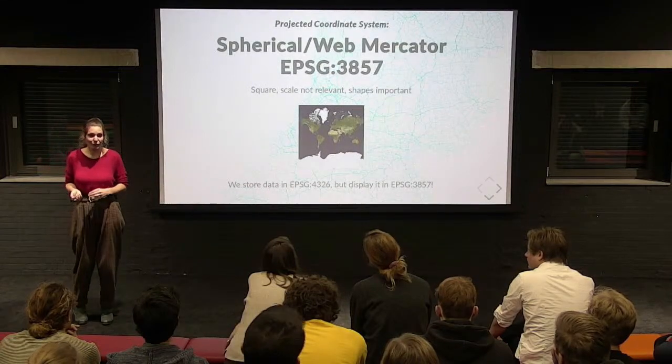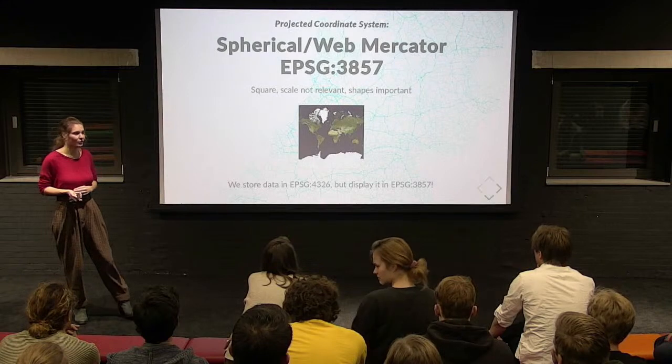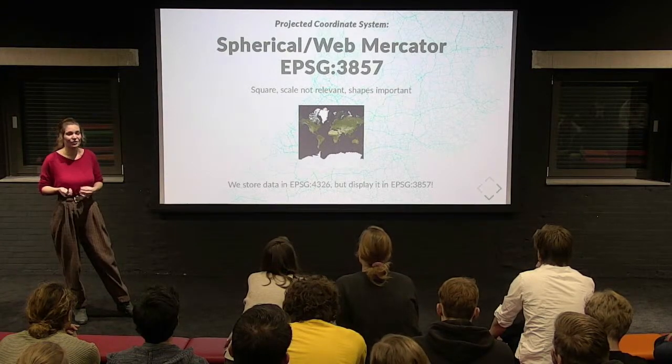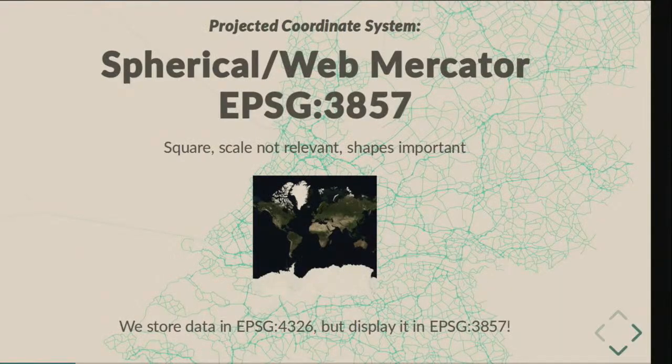One of the most widely used systems on the internet is the Web Mercator projection. It's a really square projection, so as you can see, the whole world fits into a square. The scale is not relevant, so countries can increase or decrease, but shapes are preserved.